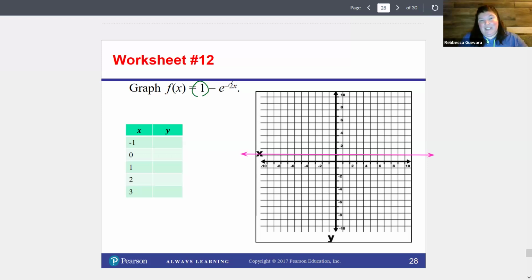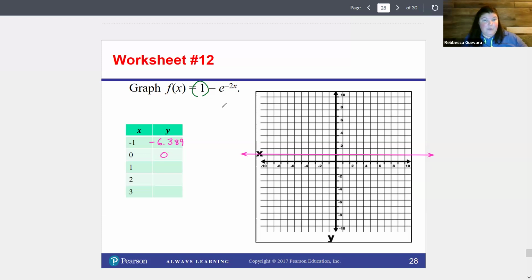Once again, we have this negative here, which would cause it to come down, but we have this other negative out front, so it causes a reflection where it comes up from underneath. For -1, we get roughly -6.389.